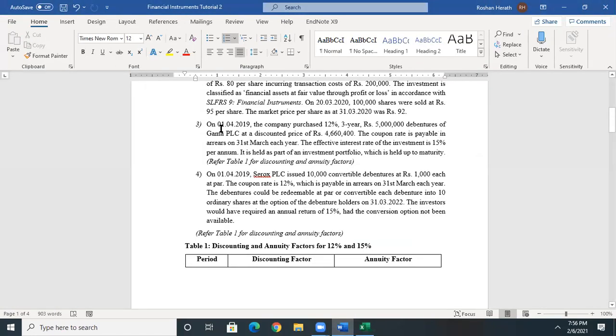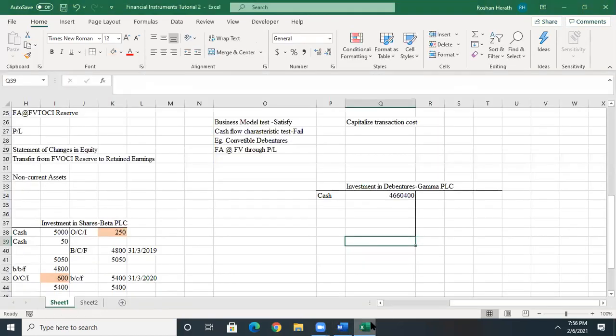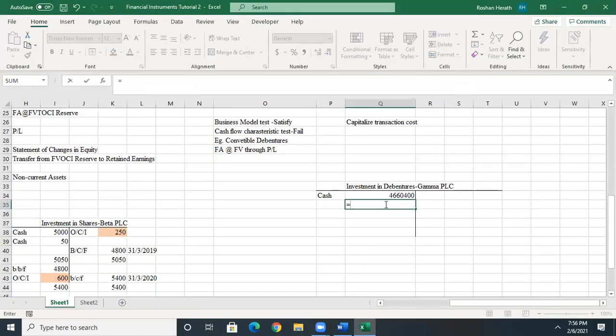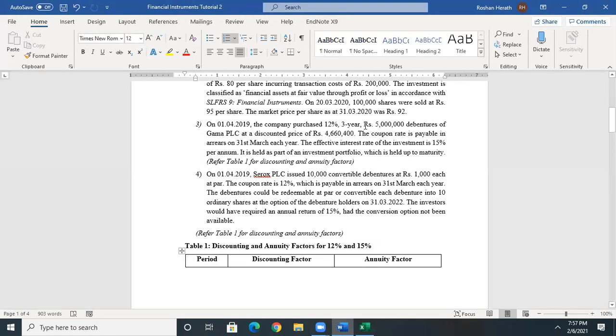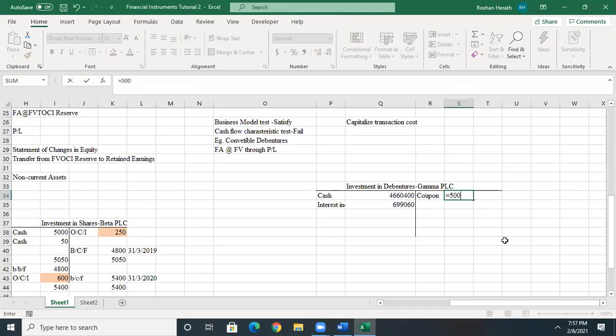So it says that the effective interest rate is 15%. You can simply apply that. For the amount outstanding, apply the interest rate. It's 15%. This is going to be the interest income. Then you get the coupon. Coupon that's going to be 12% into 5 million.